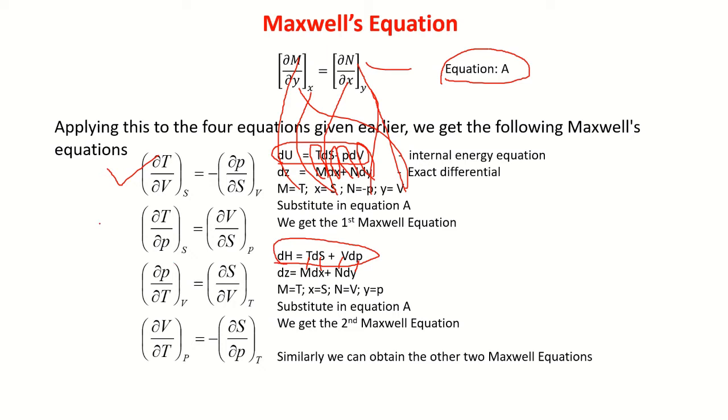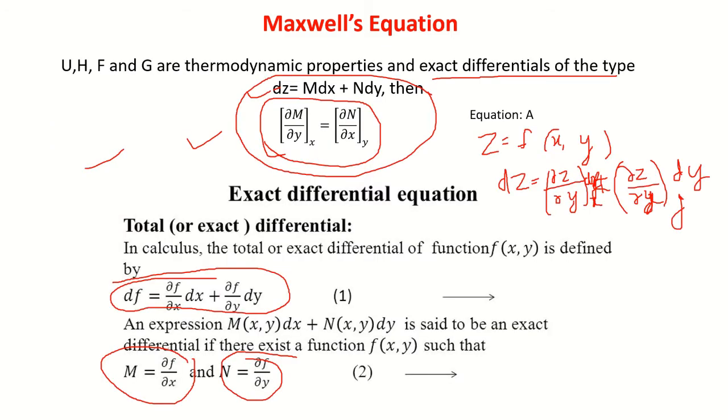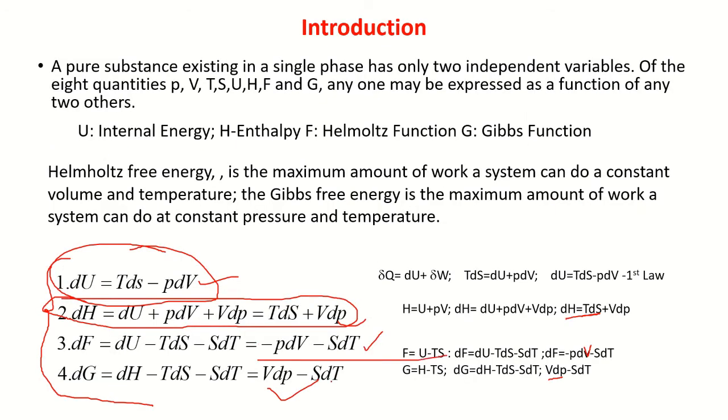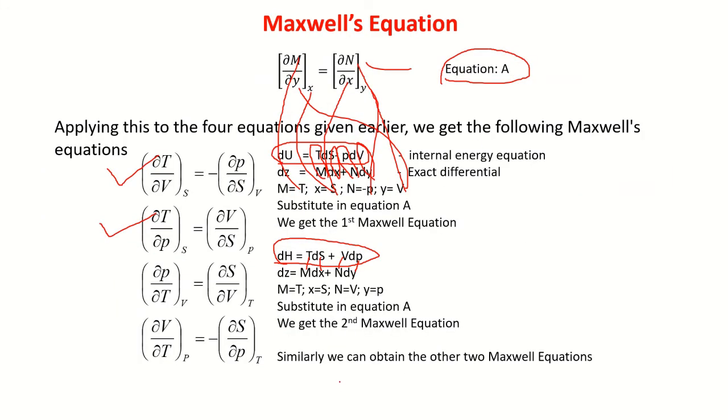Then you are going to get this equation. Same way, you take the third equation, then the fourth equation, make the comparisons, substitute, and you'll get this equation as well as this equation. These equations we call Maxwell's relationships.